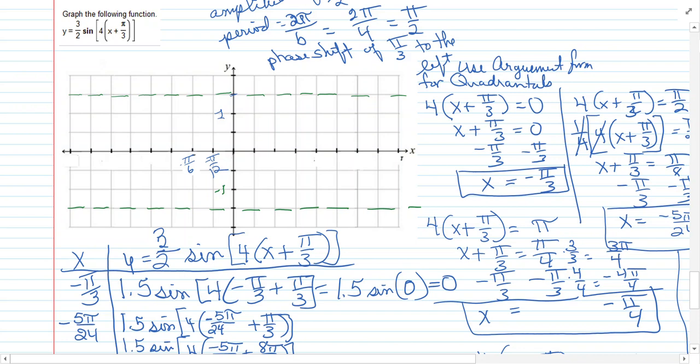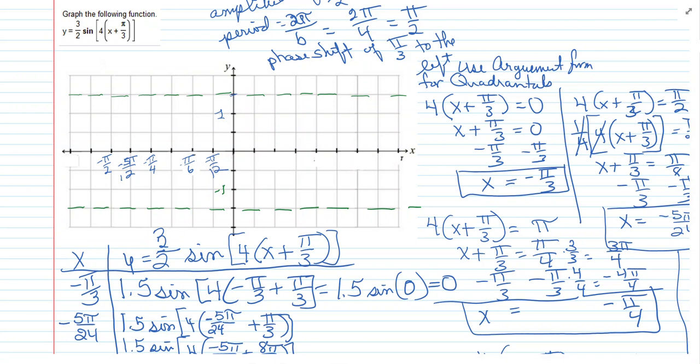This negative, that's 2, 3, negative pi 4s. 5, negative 5 pi 12ths. 6 is negative pi halves. All right. And I think the most negative is pi third.